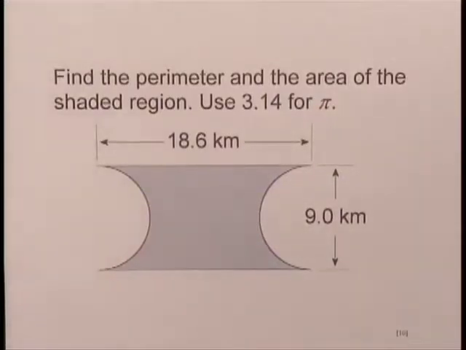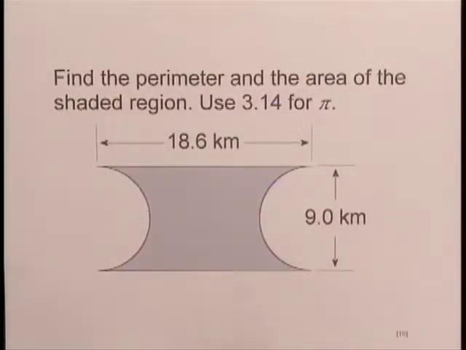I'm also asked to find the area. The area is a totally different idea. It's the amount of area that's shaded inside the region. In order to find that, I need to see this region as a combination of shapes for which we know the formulas for the area.